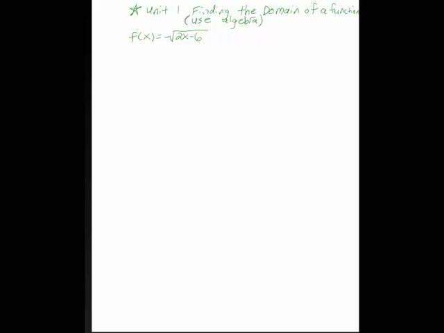So I know that the whole inside of the square root function has to be greater than or equal to 0. So I'm going to set the inside greater than or equal to 0 and solve that inequality. I'll add 6 to both sides. Get 2x is greater than or equal to 6. I'll divide by 2. I get x is greater than or equal to 3. So that's my domain right there.